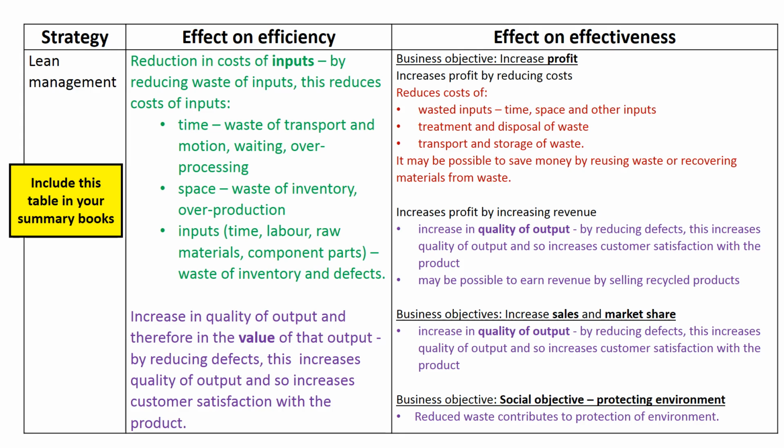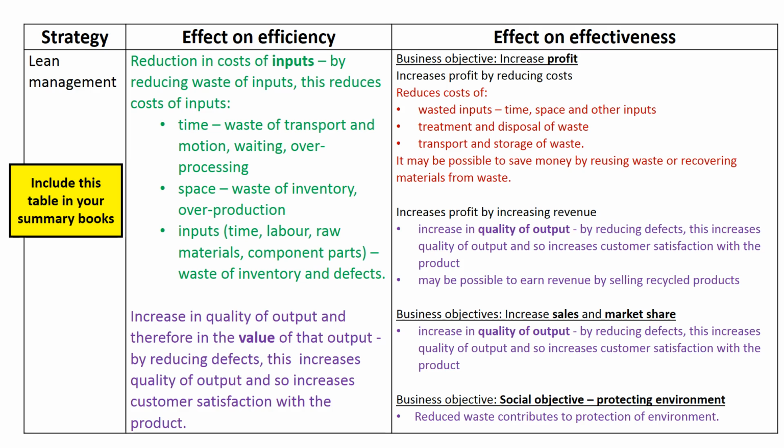In undertaking this analysis, we must first identify the business objectives that may be achieved through the use of lean management. I've chosen 4 business objectives for this purpose. These are the business objectives of increasing profit, of increasing sales, of increasing market share, and of protecting the environment, which is a social objective.